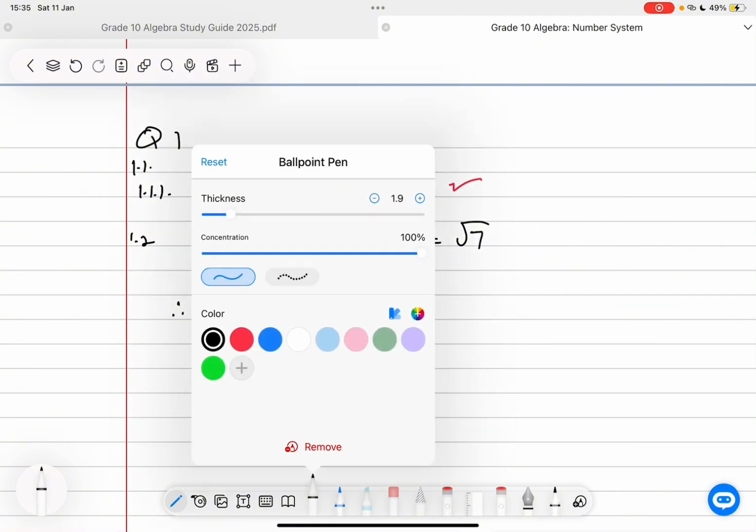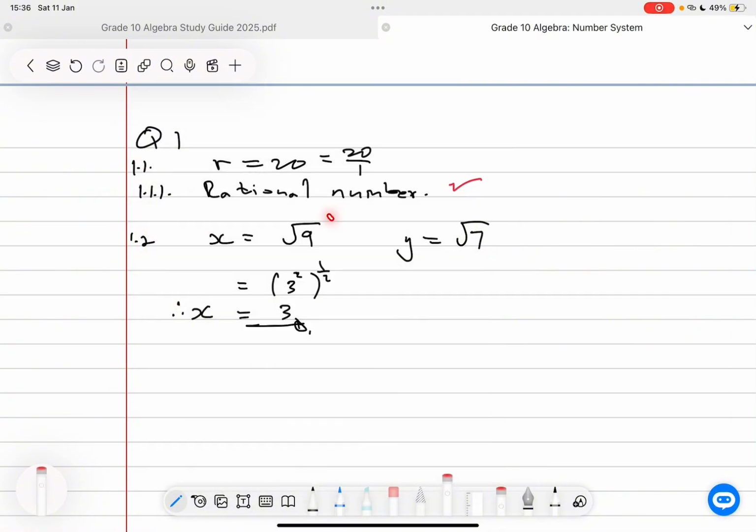Now, if you don't remember this information here, this will serve as a revision, or you are allowed to use your calculator. And there's nothing much we can do with this one. It really ends there. We cannot simplify it any further. Now, to answer the question 1.2.1, we can clearly see that between this number and this number, x has to be an integer because it falls within a list of integers.